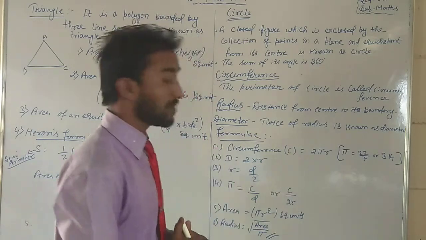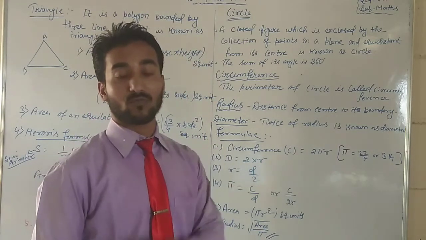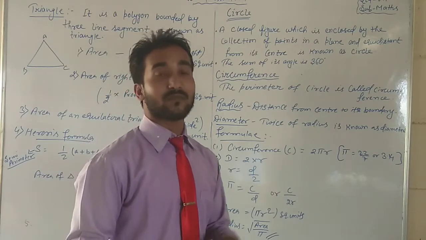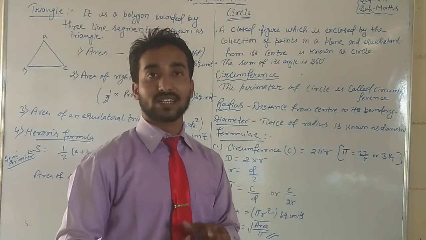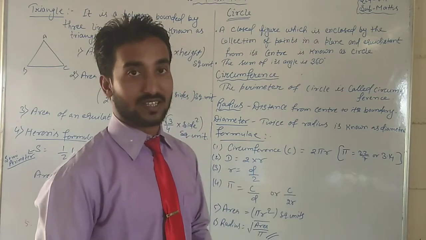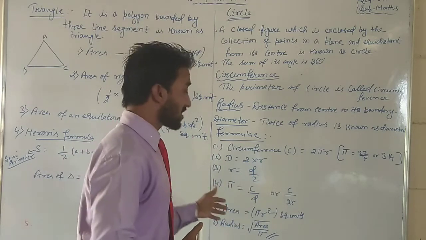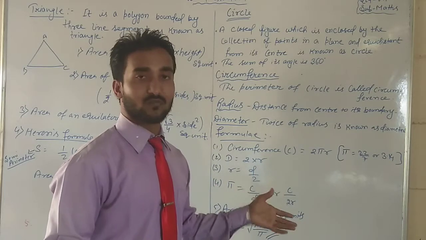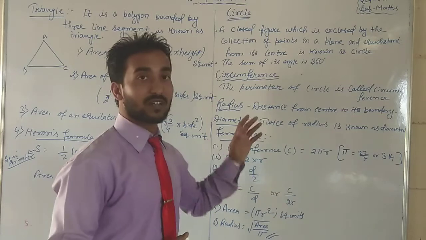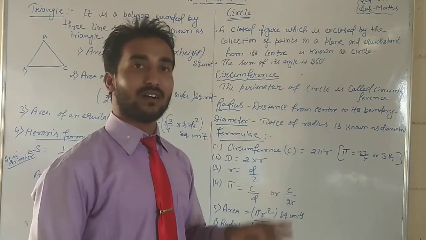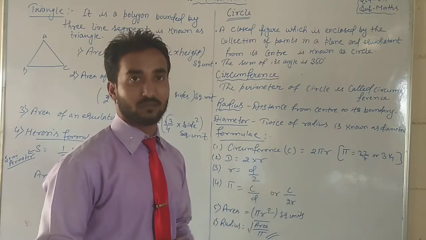As I always say, more practice, more confidence. Whenever you practice again and again, 2, 3, 4 times, it will definitely come to your mind how to solve. Whenever the question comes in front of you, you will answer it easily.